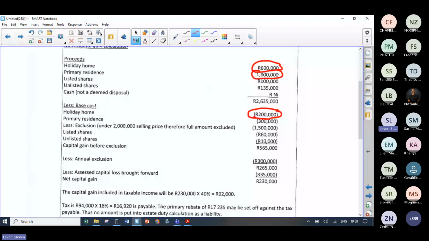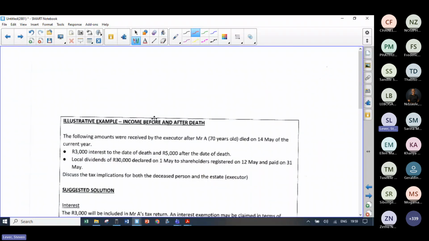Base cost 300, but it was a primary residence. So the full 1.5 million is going to be an exclusion, the primary residence exclusion. You're going to take it off.